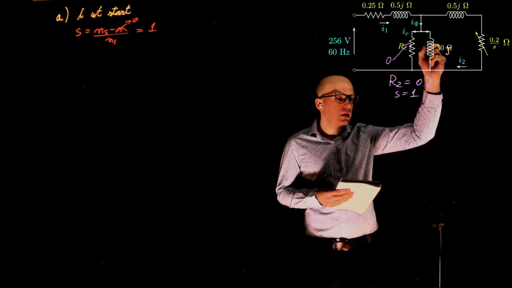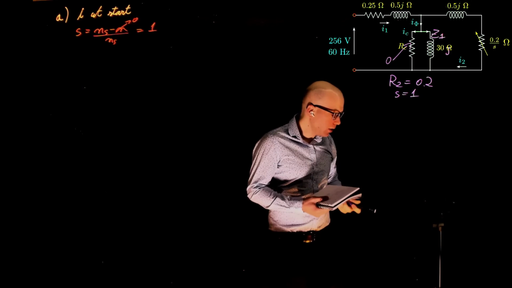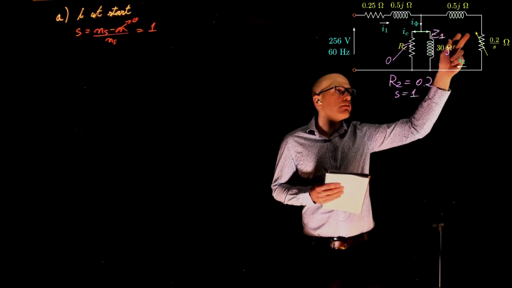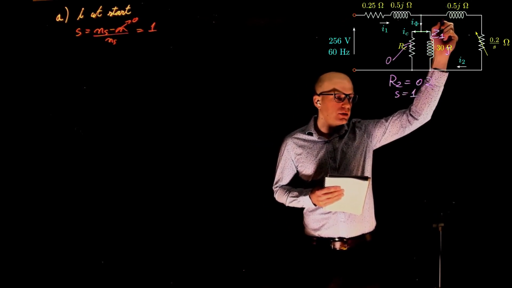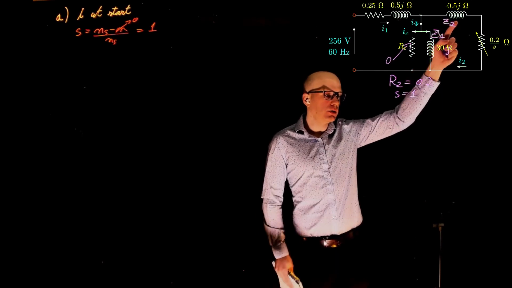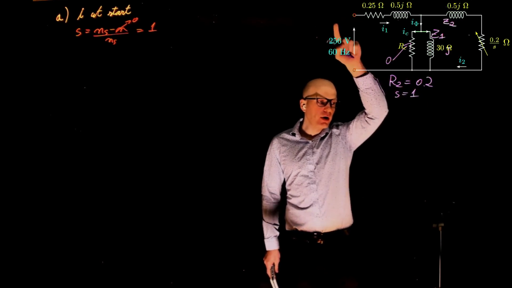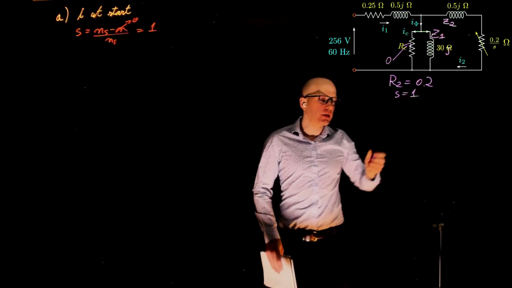Let's call this Z1. And let's call this impedance and that impedance in series Z2. So Z1 is 30j, Z2 is 0.5j plus 0.2. We have this impedance plus that impedance in parallel.